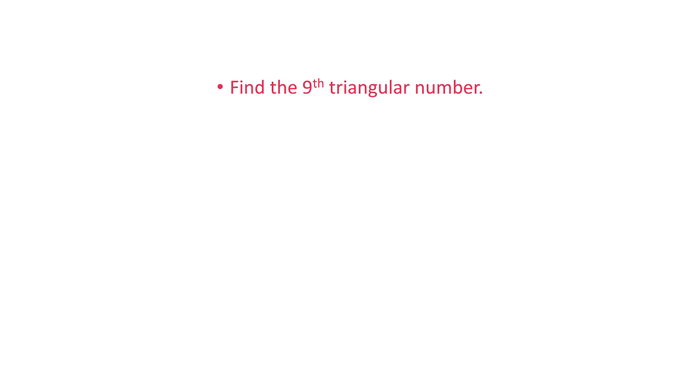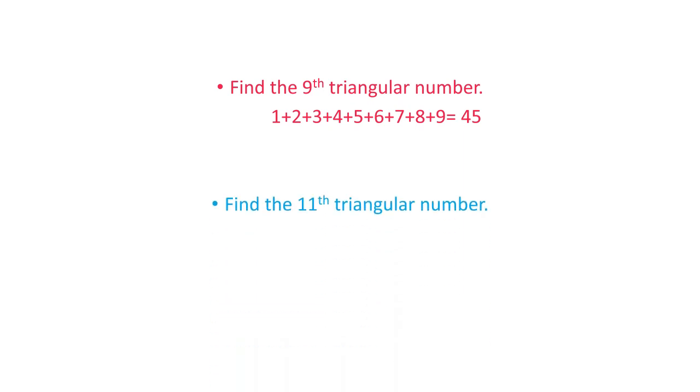Let us take some examples. First, find the 9th triangular number. So we will add 1 plus 2 plus 3 plus 4 plus 5 plus 6 plus 7 plus 8 plus 9. That will give you 45. So 45 is the 9th triangular number.